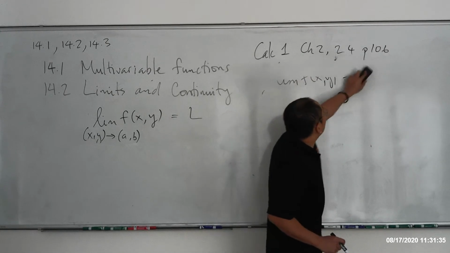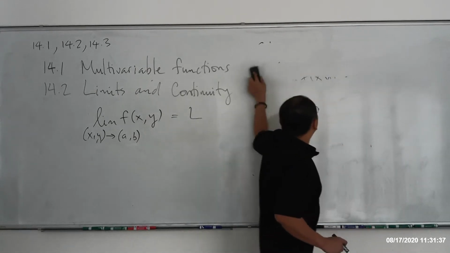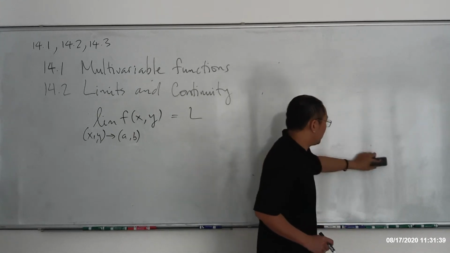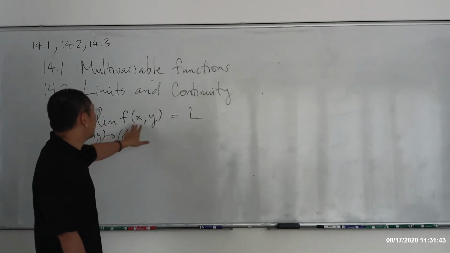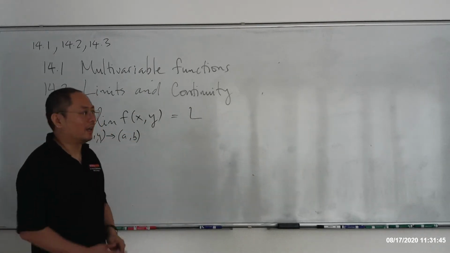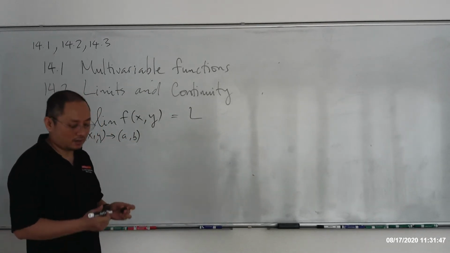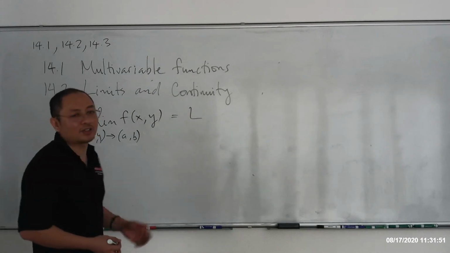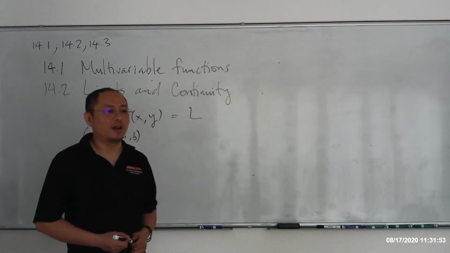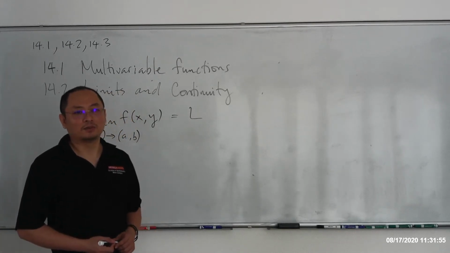And most of the problems in our textbook try to have you disprove the continuity. In other words, try to show that the function is not continuous. If you want to prove that something is true in mathematics, you have to prove it true all the time. And if you want to prove something is not true, all you have to do is find a counterexample.